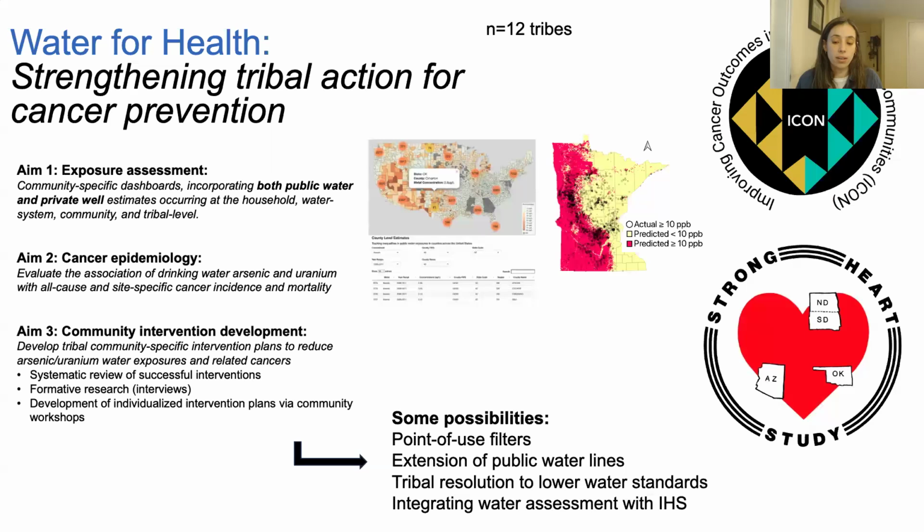Several of our tribes are very interested in that, and many tribes can set drinking water standards that are more health protective than what EPA mandates. And finally, another possibility would be integrating home water assessments with healthcare, at point of care, for example, with IHS.